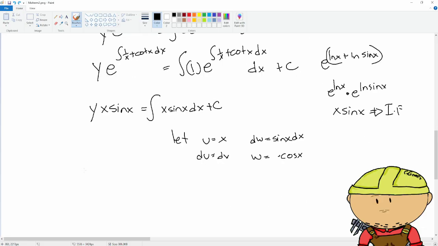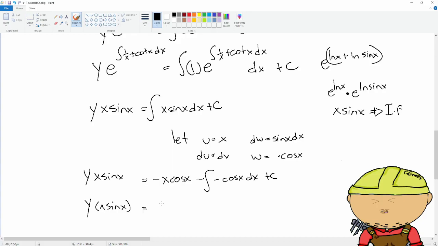Alright, so y x sine x is equal to negative x cosine x minus integral of negative cosine x dx plus c.